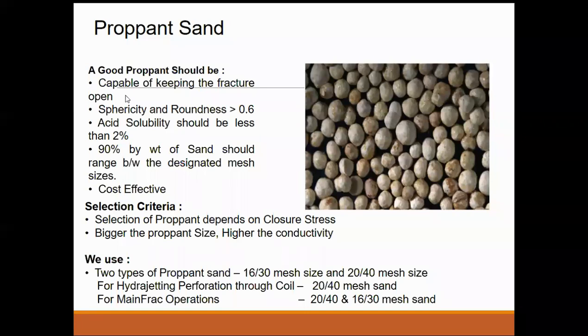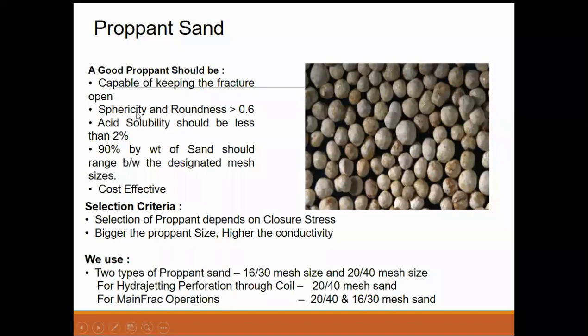So the selection of proppant is done in such a way that its strength is tested against your bottom hole closing pressure, so that you can use the correct kind of proppant which does not crush and keeps your fracture open.